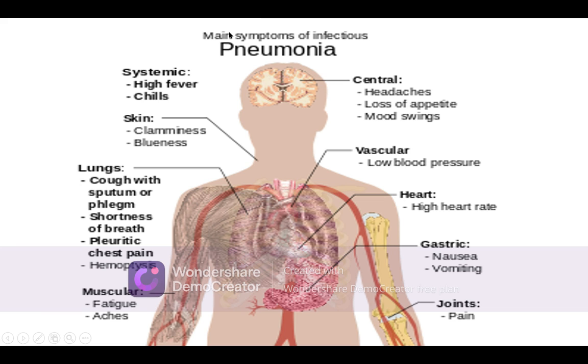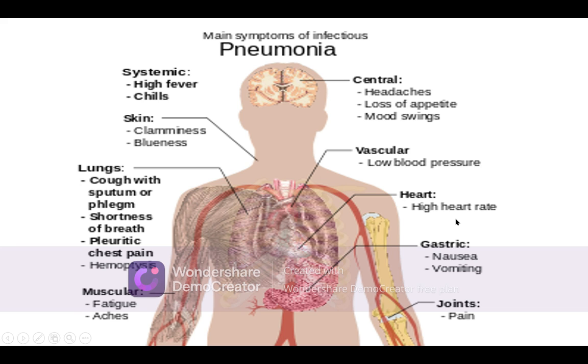Now, this is pneumonia overall. Centrally, there may be headache, loss of appetite and mood swings because of bacteremia or septicemia. Systemically, there will be high-grade fever, chills, and skin clamminess and blueness.